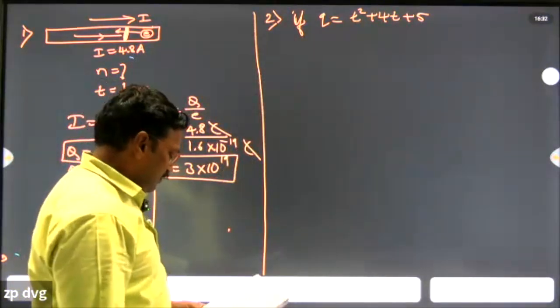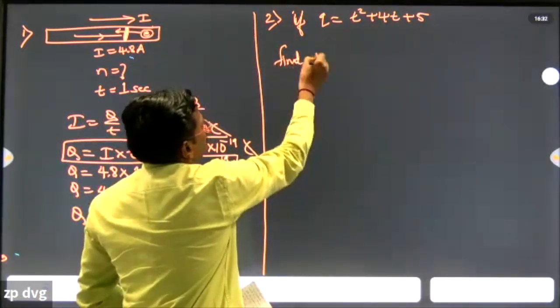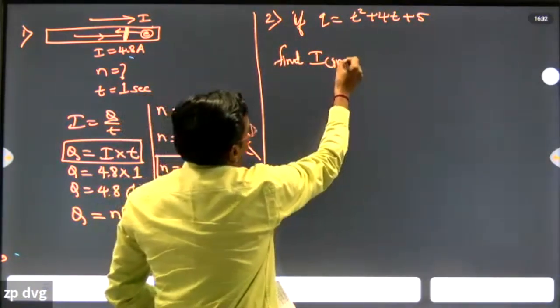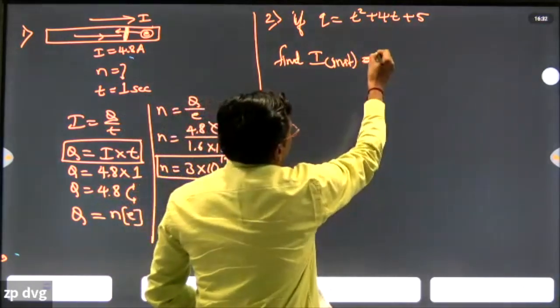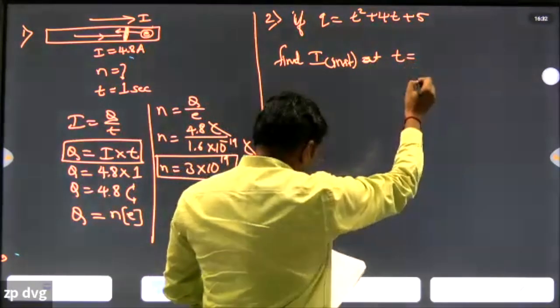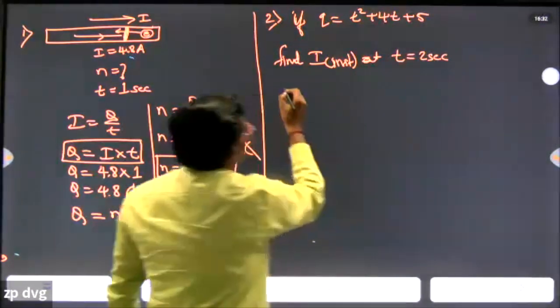If this is the question given, then we can find the instantaneous current at t equal to 2 seconds.